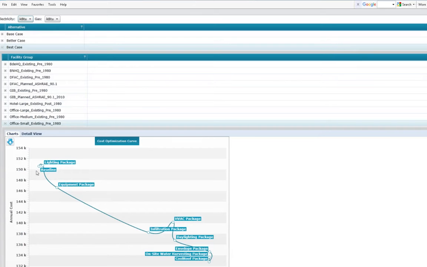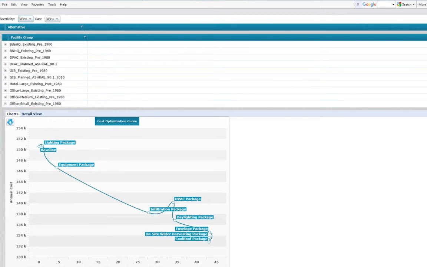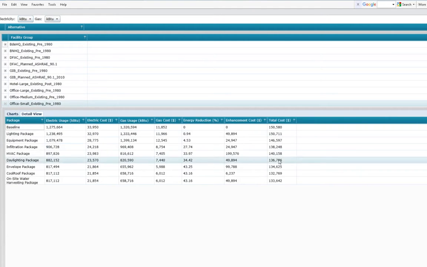So it just plots these things with the investment. You've got annual cost here and percent energy reduction, and you can see these things snake all over the place in real things.